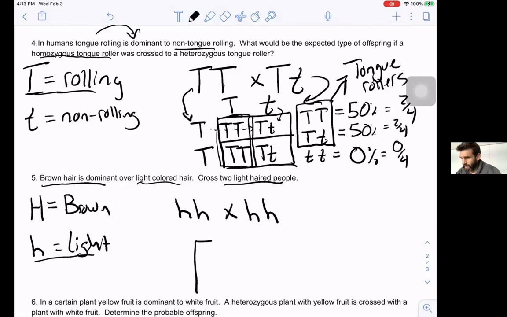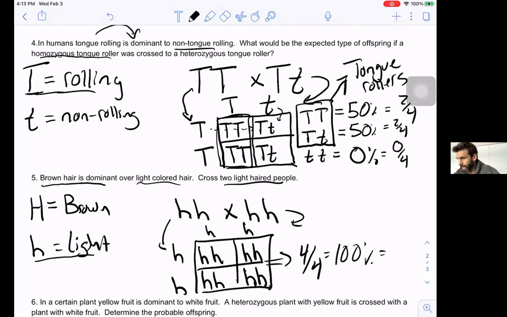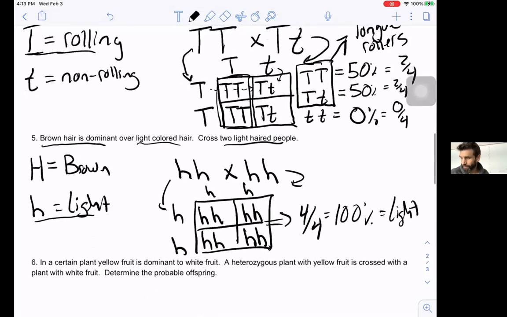And you might see where this one is going here. This goes here, little h, little h, little h, little h. All of these offspring, 4 out of 4, 100% are going to be light-haired. It's the only possibility that it could be.